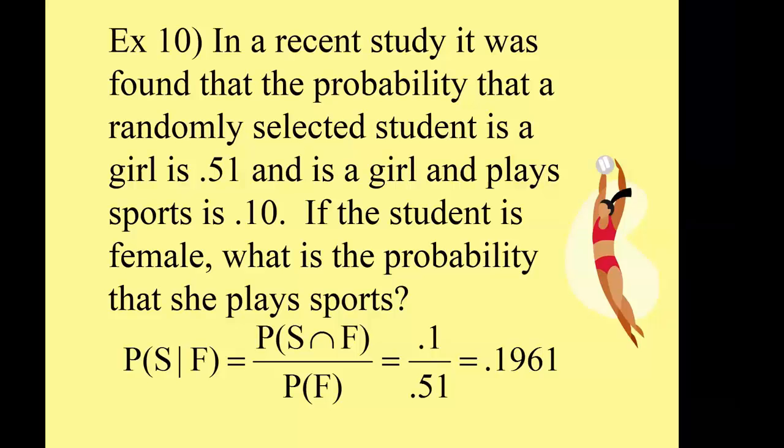What's the likelihood that she's a girl and played sports? That would be the 0.1. Then we divide that by the likelihood of it just being a girl, and that's 0.51. If I take those two numbers and divide, I end up with 0.196.